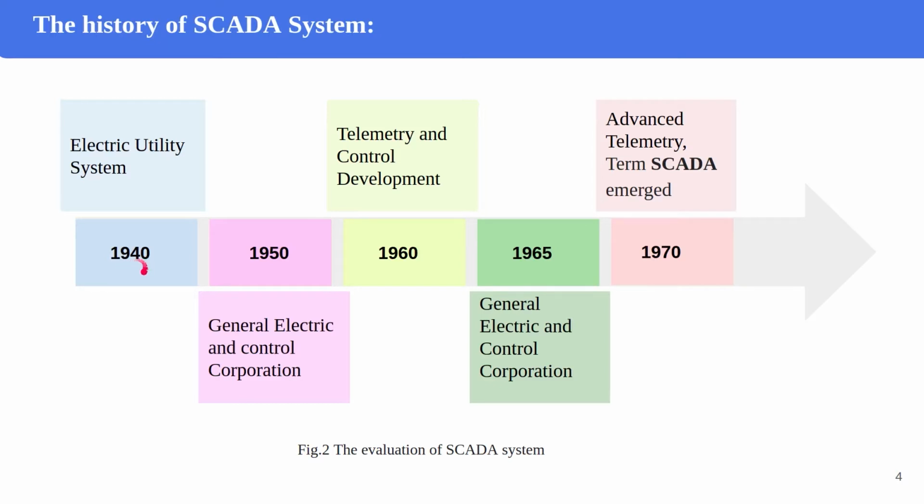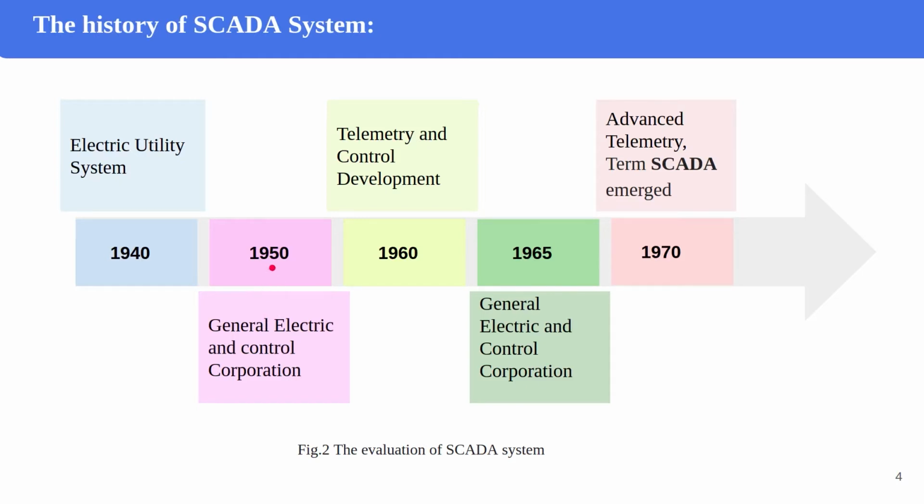So they provided limited automation functionality, but there were some issues. For example, the relays and timers were difficult to configure or maintain. So a more efficient and fully automated system was required.